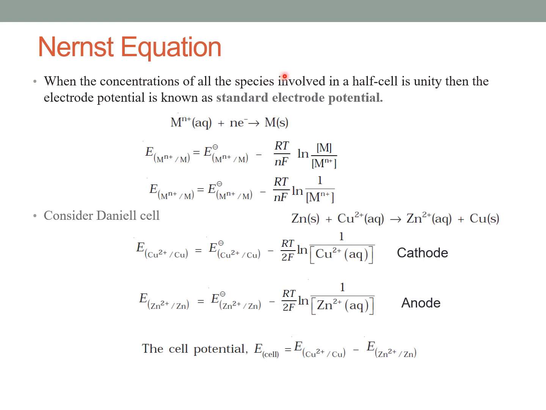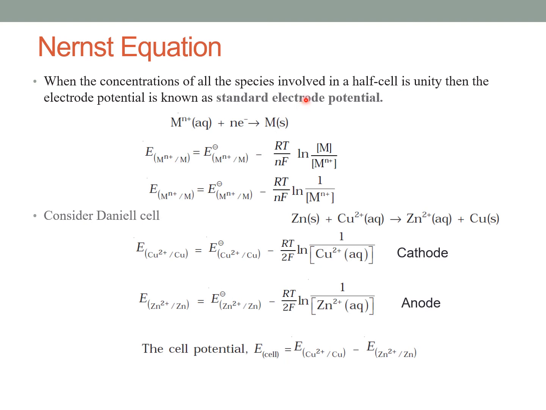So whatever we saw in the table last time, the electrochemical series, where you have different redox reactions and their electrode potentials, all those electrode potentials are standard electrode potentials, taken when the concentrations of the species involved in those redox reactions are unit concentration.